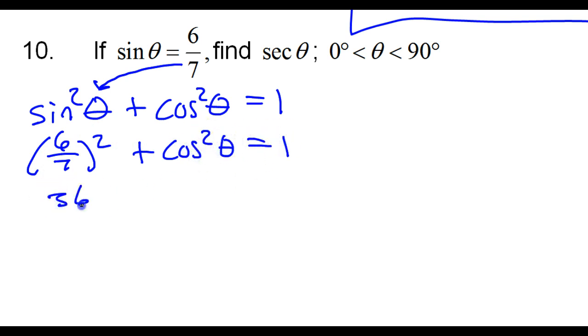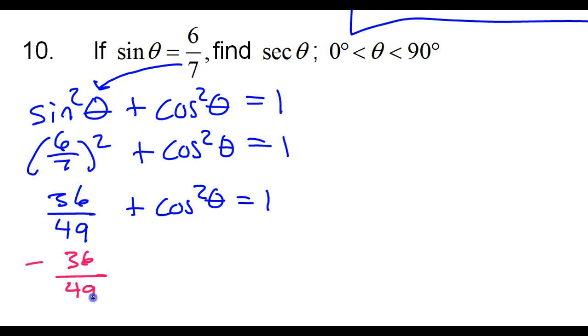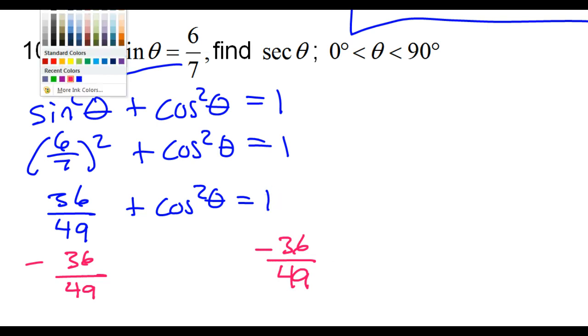Well, this is 36 over 49 plus cosine squared theta is equal to 1. But then I would subtract 36 over 49 from both sides. Remembering that 1 is sort of a chameleon number.